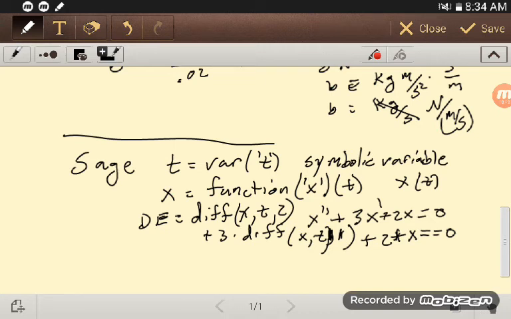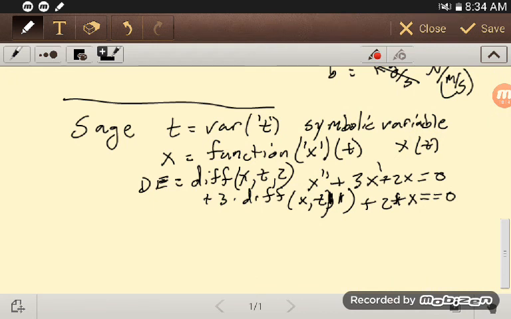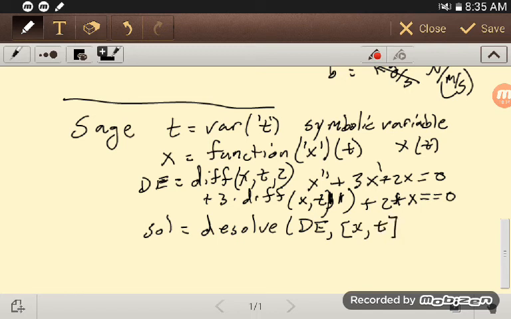Then they solve it. Now, what you're going to need to do in Sage, when you put something like this in, is something like, the solution equals dsolve, so that's using that particular package, dsolve, of the differential equation, and then you need to give it the variables that you're using, and you have to do it in a particular order.